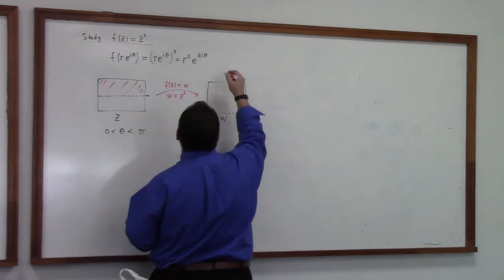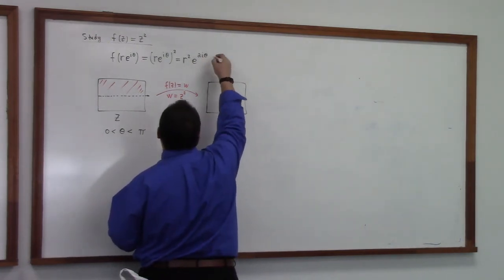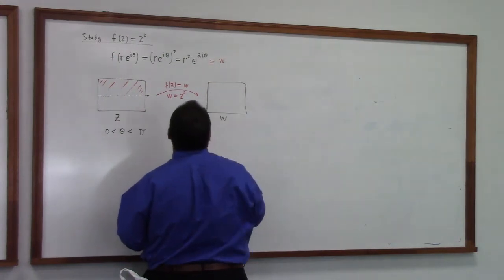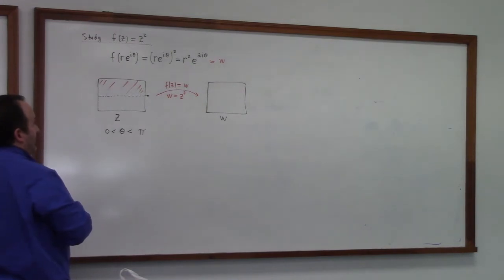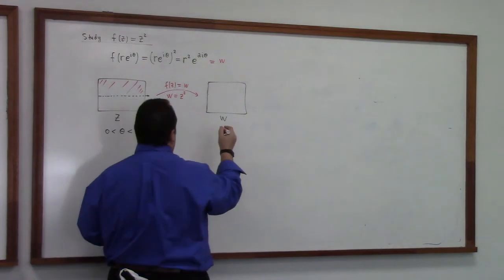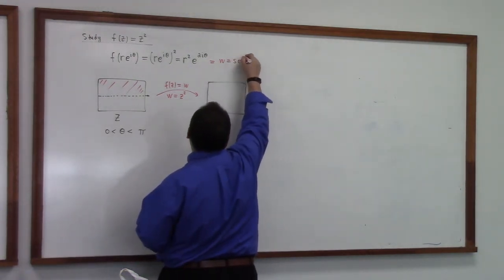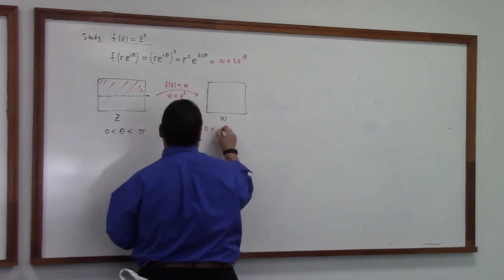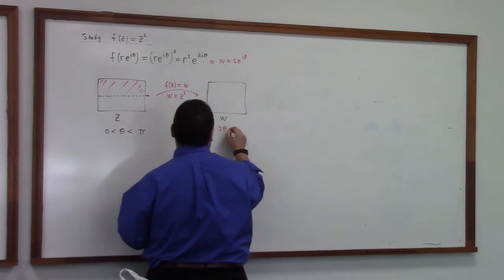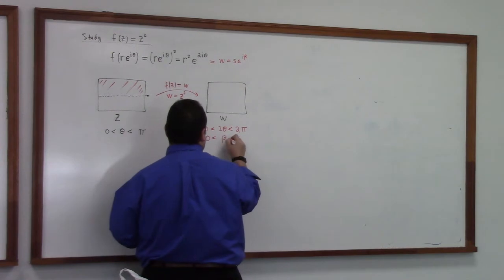So over here, this is our w. What can you say about the angle there? Well, the angle over in the w plane is twice what it was. In fact, if we wrote w is equal to s e to the i beta, you could see that we have 0 less than 2 theta less than 2 pi, and that is 0 less than beta less than 2 pi.